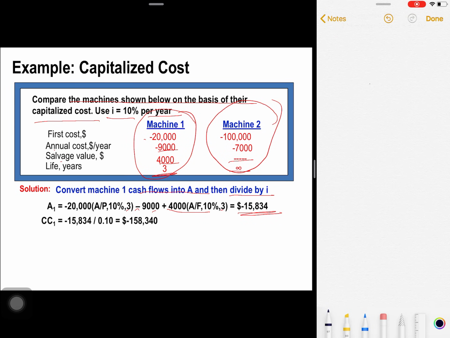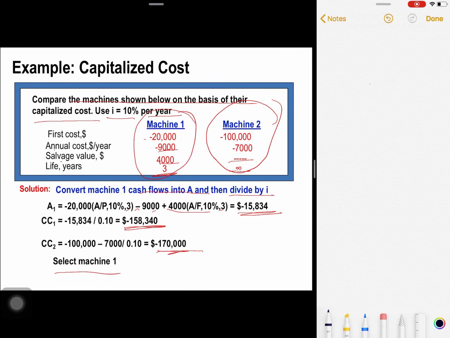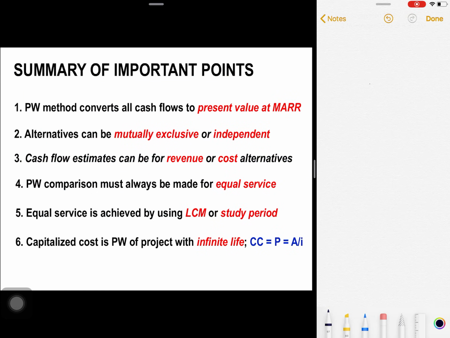And for machine 2, you use the CC equation, whereas the CC value for A1 is negative $15,834 over 0.1. We get this figure. And then for CC2, you find this figure, which is negative $170,000. So we realize that we select machine 1. Machine 1 will give you a much better return because it's much cheaper.